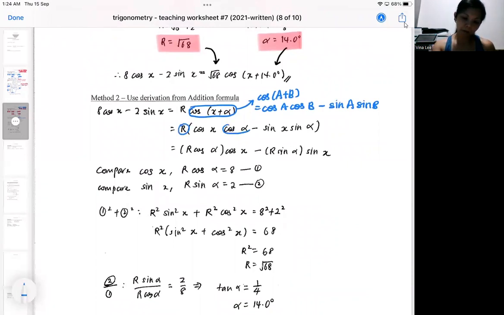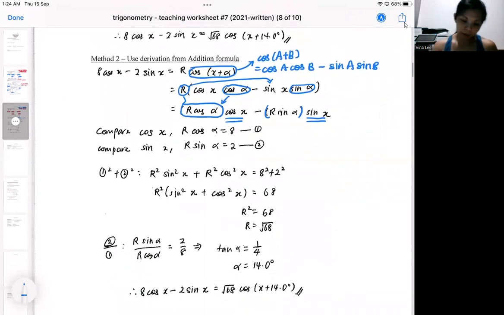This and this will become the coefficient of cosine x. And when you expand out, R and sine alpha will become the coefficient of sine x. So again, I have to compare my cosine and compare my sine.